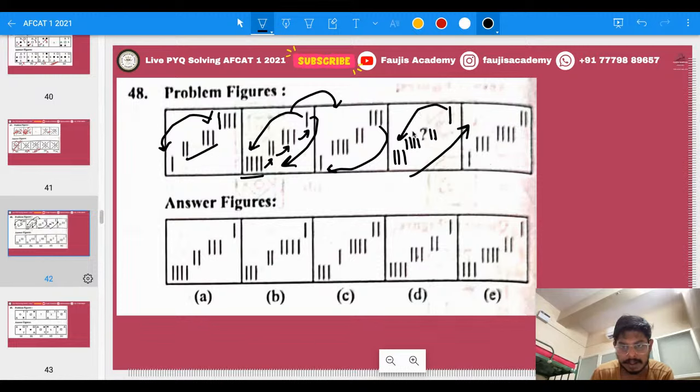This 1 will come. Yes, Kavita, absolutely correct. Okay, this 2 will go over here, this 3 will go over here. Okay, and this 4 will move one place upwards. So 3, 4, 2, 1. Okay, where do we have 3, 4, 2, 1? Okay, 3, 4, 2, 1. Absolutely, 48. B will be the answer.